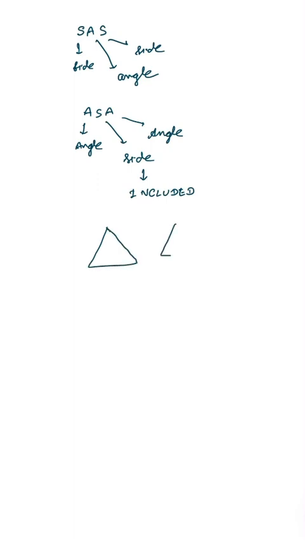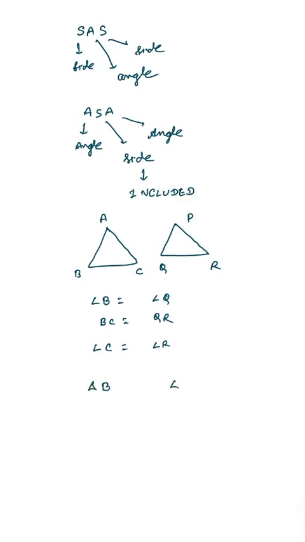Now, if we have two triangles, let's say this is ABC and PQR. For example, if we say that angle B is equal to angle Q and angle C is equal to angle R, and the side included between these two angles, that is BC and QR, are equal, in that case these two triangles ABC and PQR will be congruent.